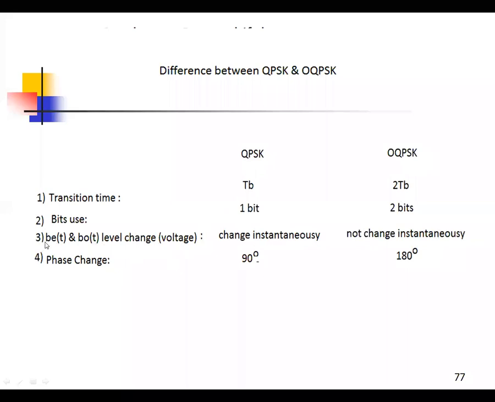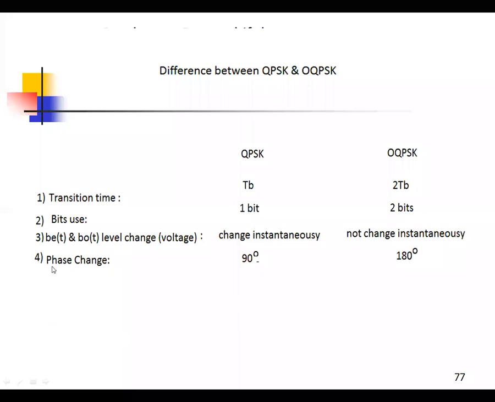So the third one is B of t and B naught of t level change: non-offset QPSK changes instantaneously, offset QPSK does not change instantaneously.